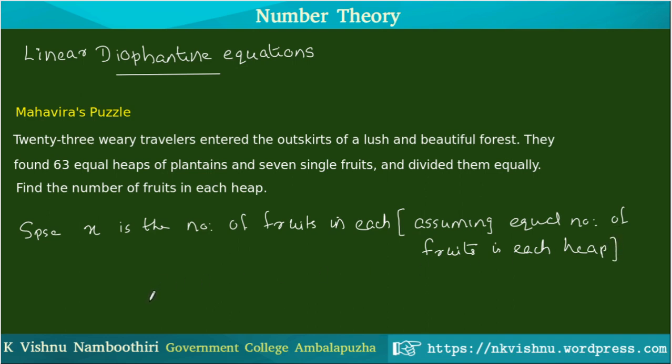So we are trying to translate this Mahavira's puzzle into algebraic notation, and for that we are using the symbol x to denote the number of fruits in each heap. How many fruits are there in total? If there are 63 equal heaps, each heap containing x fruits, there are 63x fruits in all the heaps together.